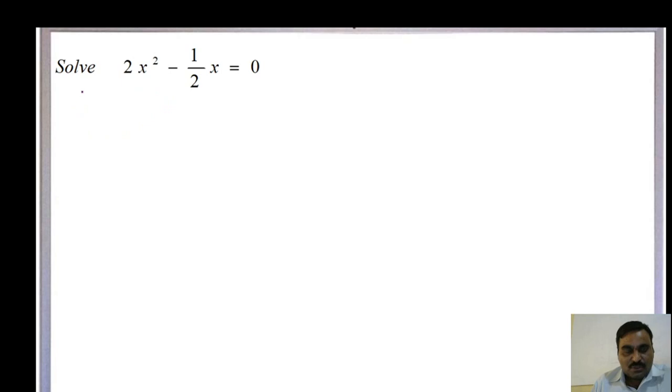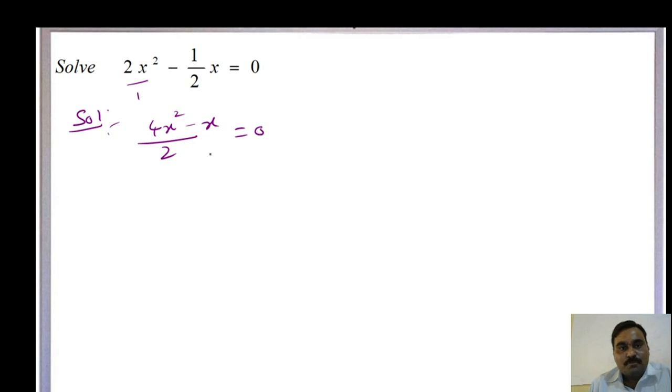So in the solution part, I'll take the LCM here by putting by 1 here. The LCM becomes 2. So 2 times, we get 4x square. Then 2 1 times, so 1 into 1 is 1, that we are going to get here as x is equal to 0.